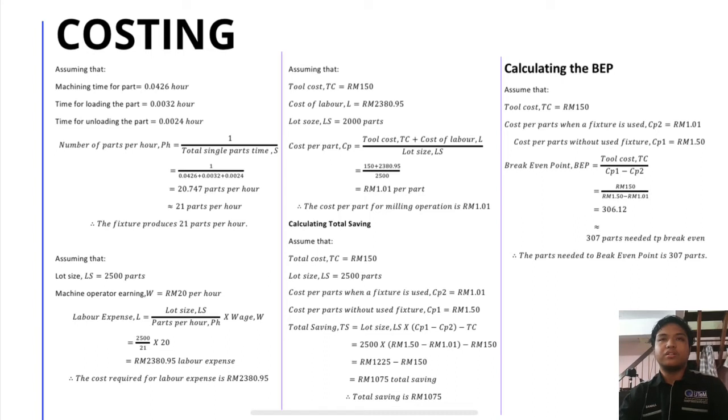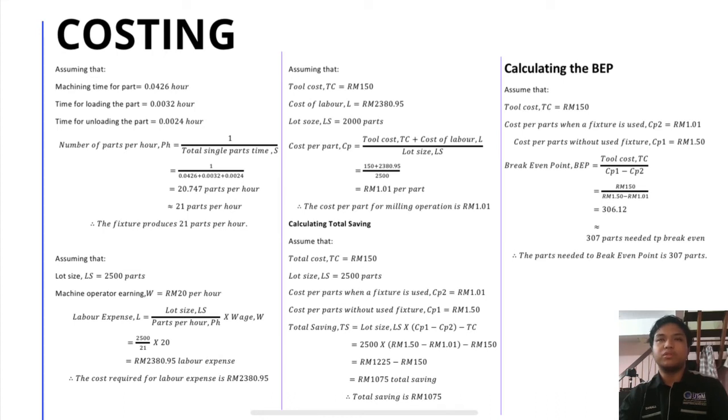For calculating tool saving, we will assume the tool cost, TC, is 150 ringgit, lot size 2,500 parts, cost per part where the fixture is used, CP2, is 1.01, and cost per part without using the fixture, CP1, equals 1.50 ringgit. We will use the formula total saving, TS, equals lot size, LS, multiplied by CP1 minus CP2, minus tool cost.